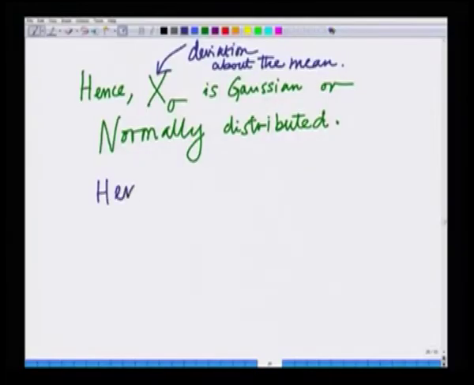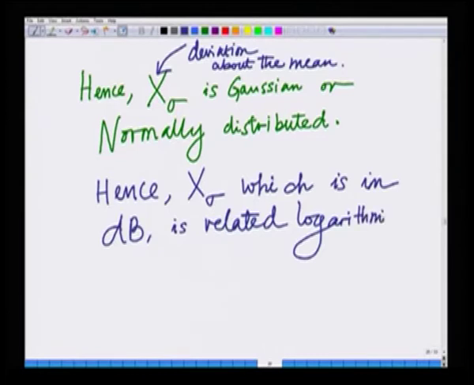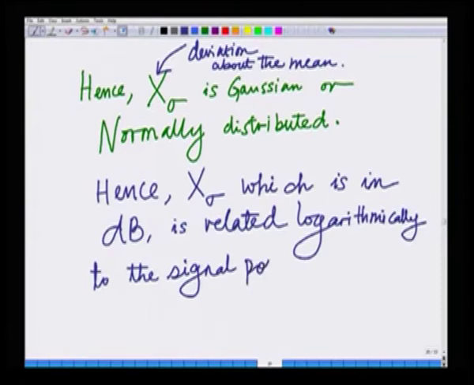Hence, x sigma, which is in dB, is related logarithmically to the received signal power.